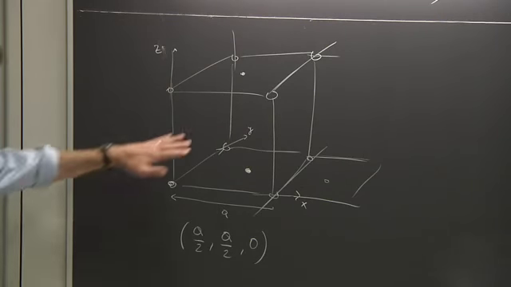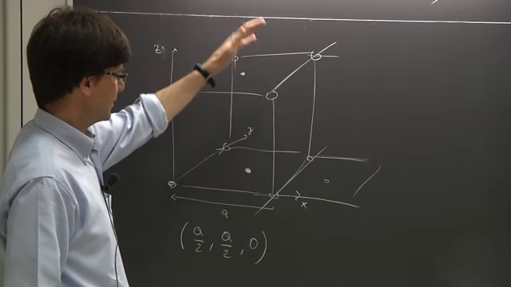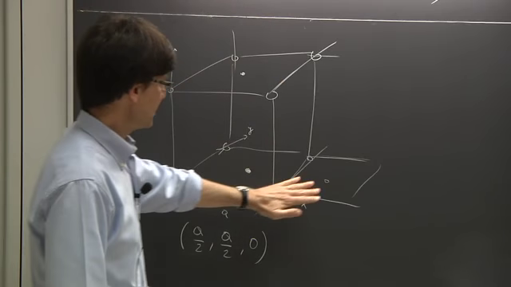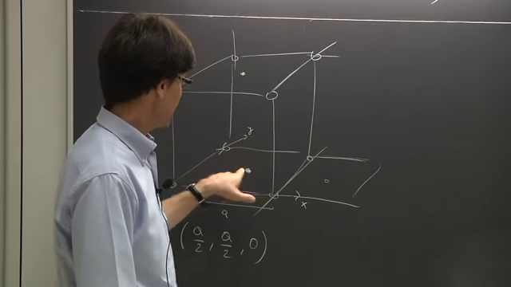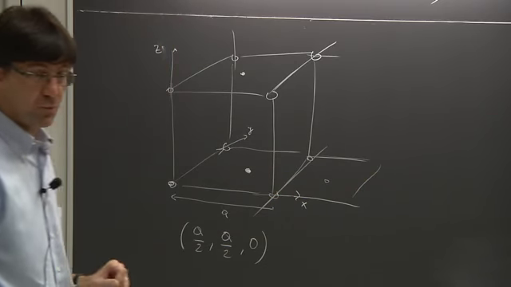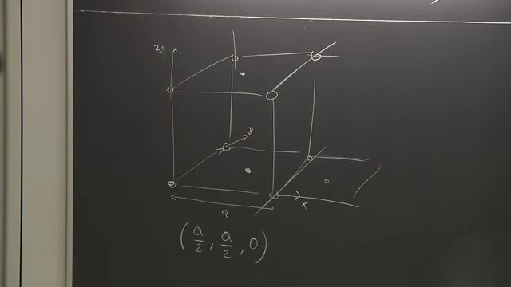Now, if you forget about the third axis, this is a problem that we already discussed last time. We took a square lattice, we placed an atom at the center of the square, you remember last time.